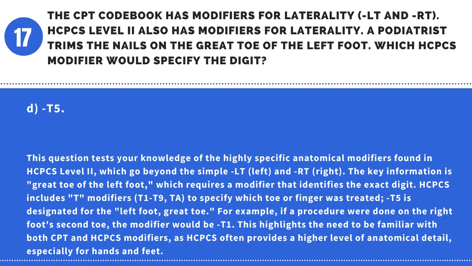T5 is designated for the left foot, great toe. For example, if a procedure were done on the right foot's second toe, the modifier would be T1. This highlights the need to be familiar with both CPT and HCPCS modifiers, as HCPCS often provides a higher level of anatomical detail, especially for hands and feet.